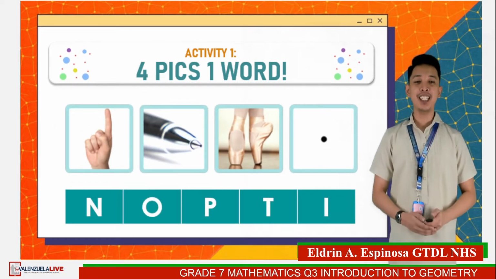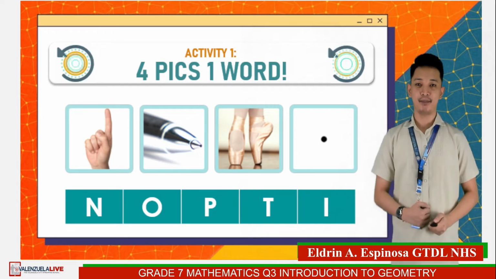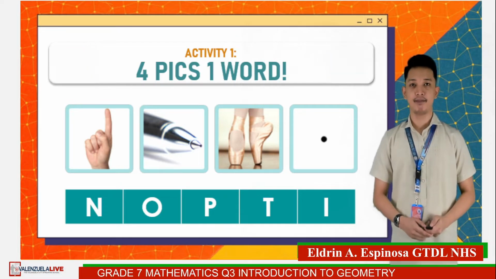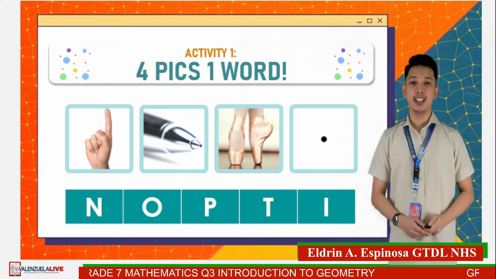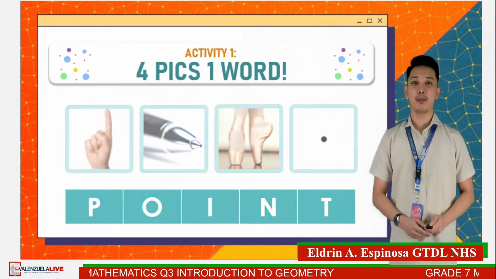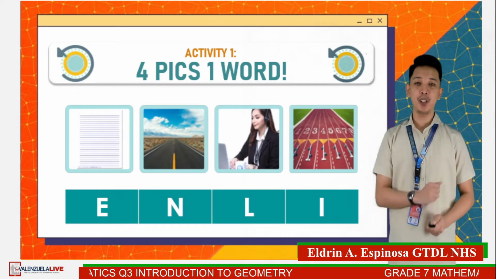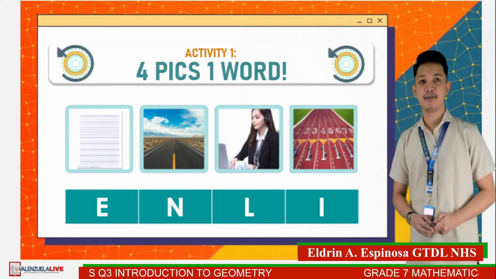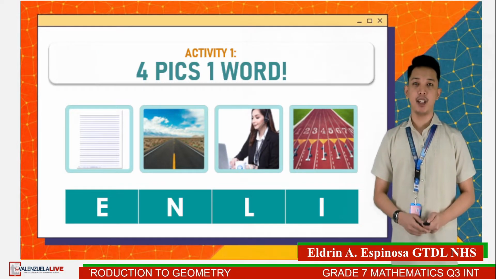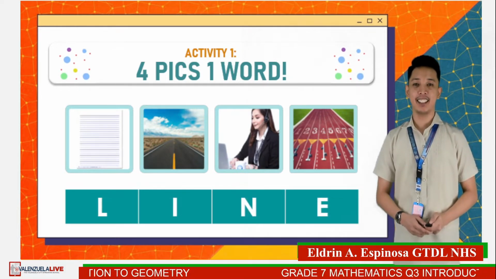For the first set of pictures, 5 seconds, go! Very good. The correct answer is point. Next. 5 seconds, go! All right. The correct answer is line.